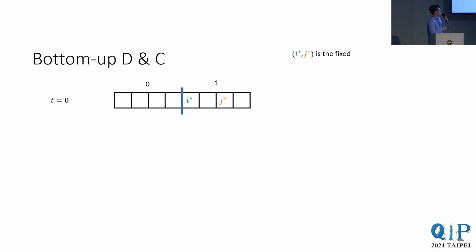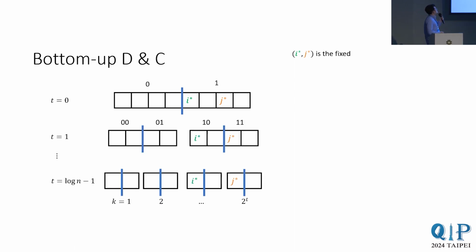Imagine i star and j star both occur in the second half. After we keep dividing the problem until there are only two elements left in the subproblems, here is the recursion tree, and we can always claim there must be a subproblem that is the crossing case we are looking for. So we can reduce our stock problem to this crossing case.